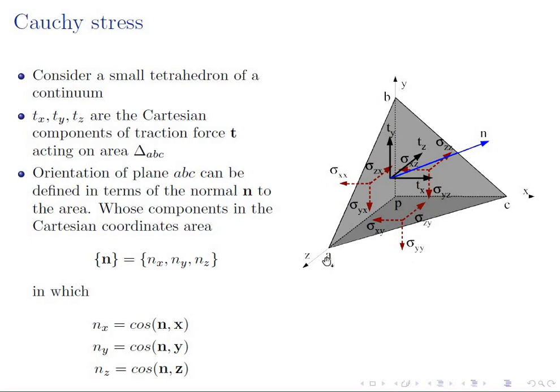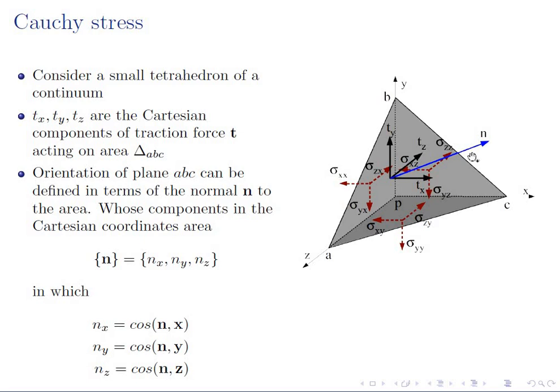Let's say the face A, P, B is subjected to the stresses sigma xx, sigma zx, sigma yx. Similarly, the other two faces are also subjected to some stresses in the three-dimensional frame. The resultant of these stress components on the face A, B, C is equal to the traction T, whose components in the x, y, and z directions are Tx, Ty, and Tz.